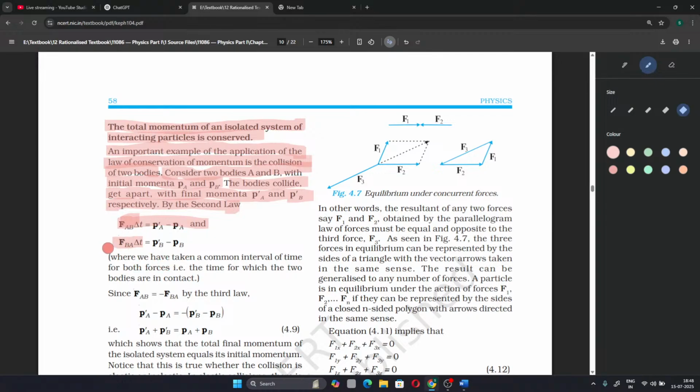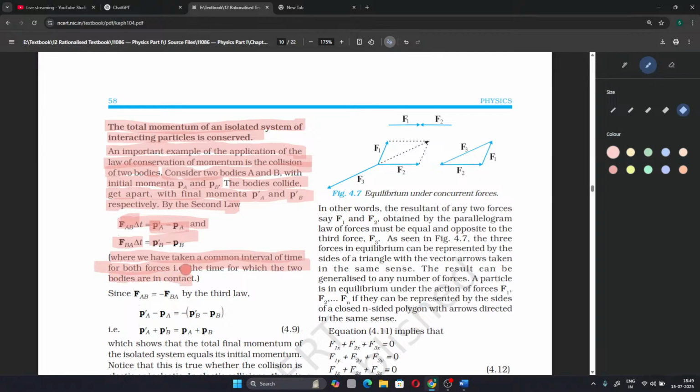So when we are finding the force on A, we only include the change in momentum of body A. When we are calculating the force on B, we include only the change in momentum of body B. This is according to the second law, where we have taken the common interval of time for both forces, that is the time for which the two bodies are in contact.